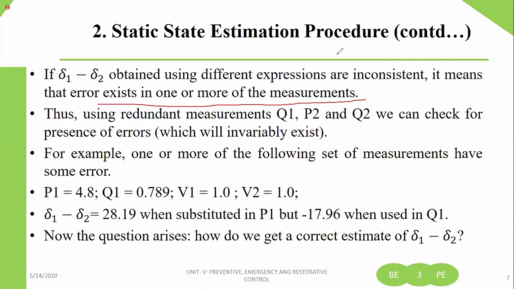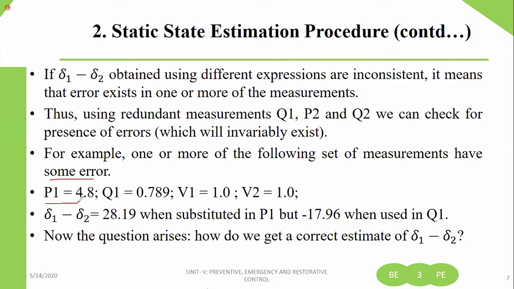Okay, other steps are there, but what it means is you have made some mistake in the measurement. The example I have given now is a set of measurements that have some error, not the earlier one.